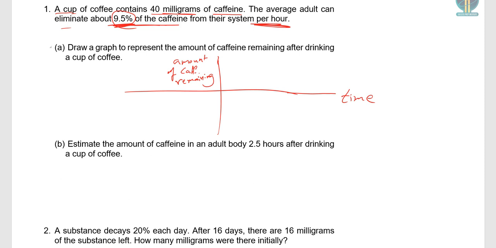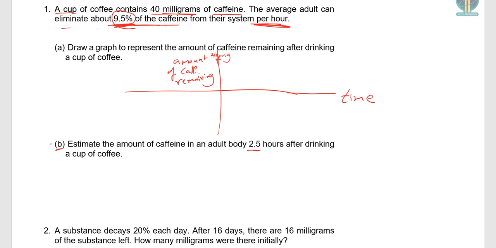We're going to start here at 40 milligrams on the y-axis, at time equals 0. Then as we count, there's going to be this decay by 9.5% over time. So this is what it's going to look like. Part B: estimate the amount of caffeine in an adult body 2.5 hours after drinking a cup of coffee.